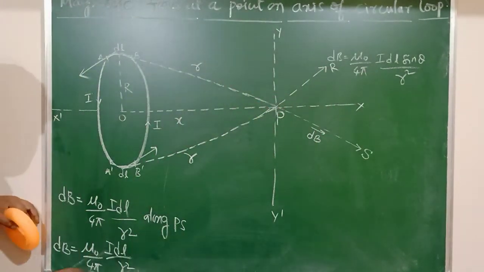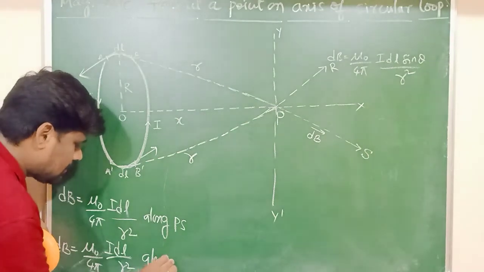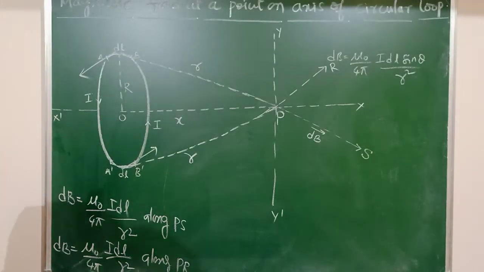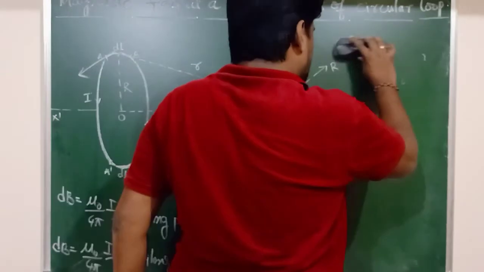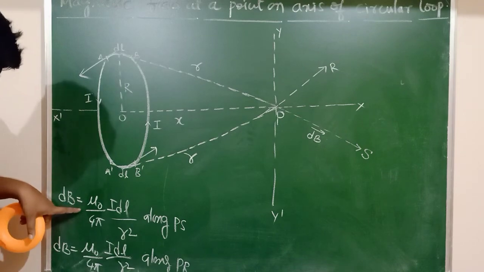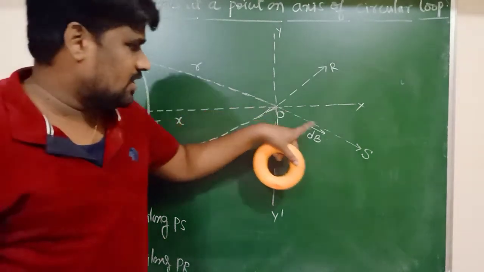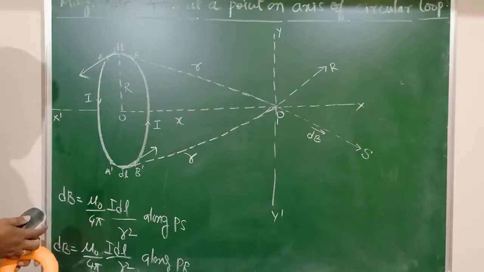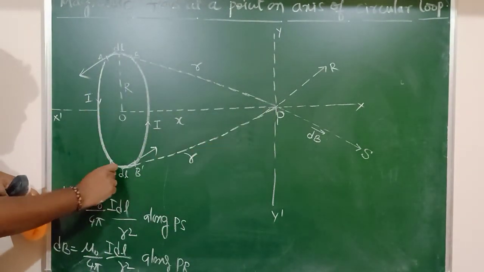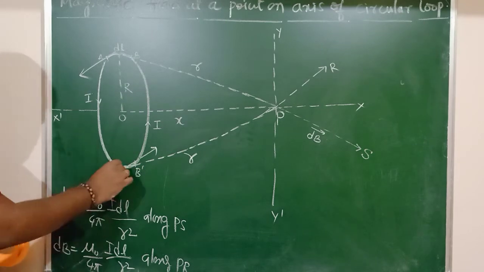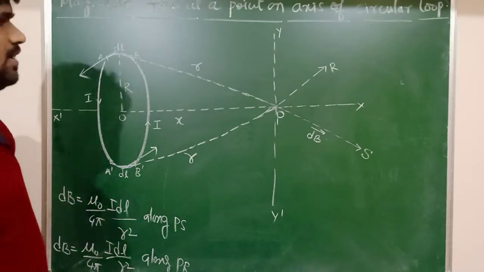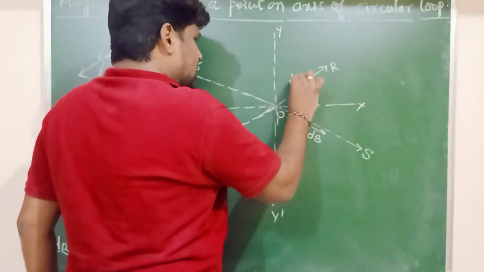Concentrate here. The magnetic field at point P due to the first current element AB: its magnitude is given by this formula and its direction is along PS. Second, the magnetic field at point P due to the other current element, A dash B dash: its magnitude is given by this formula and its direction is along PR. Now concentrate.